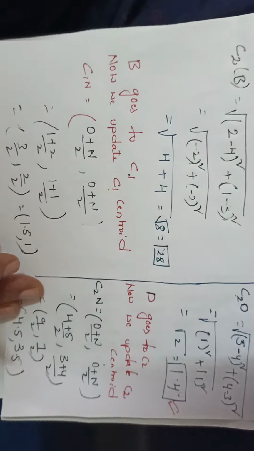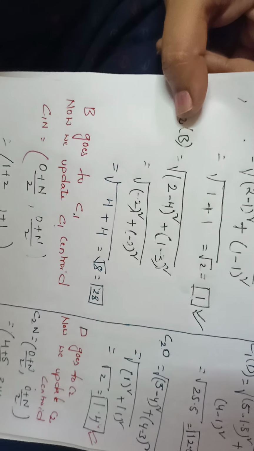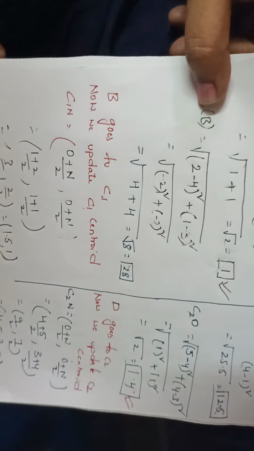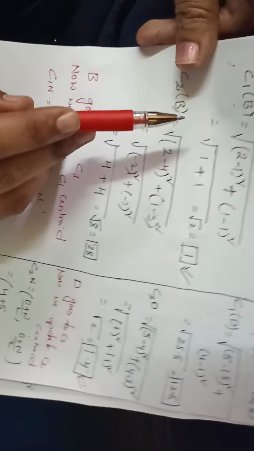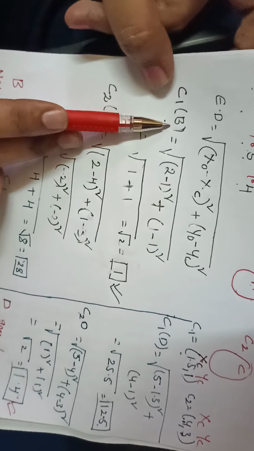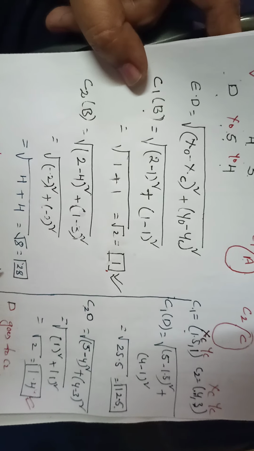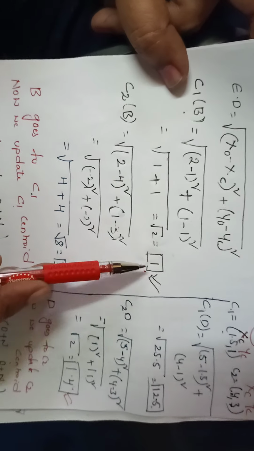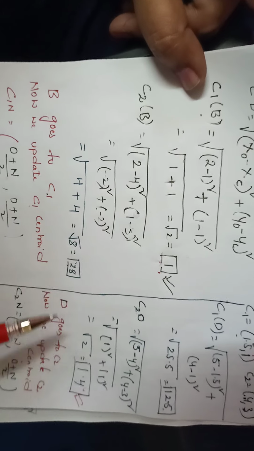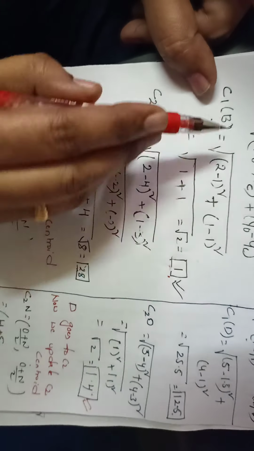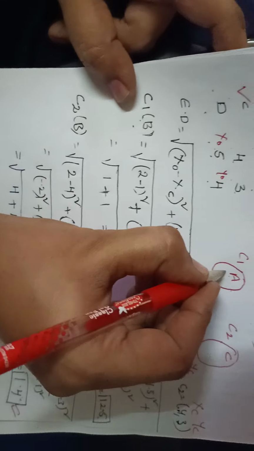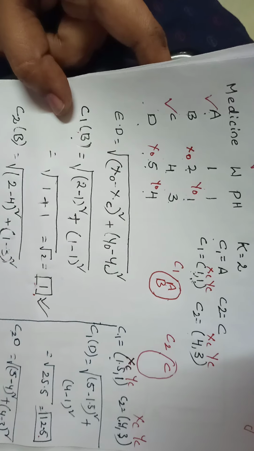Okay. So now we conclude that B goes to C1, because the distance to C1 is less than to the second cluster. So it is a near minimum distance when compared to C2. So now B goes to which cluster? C1.